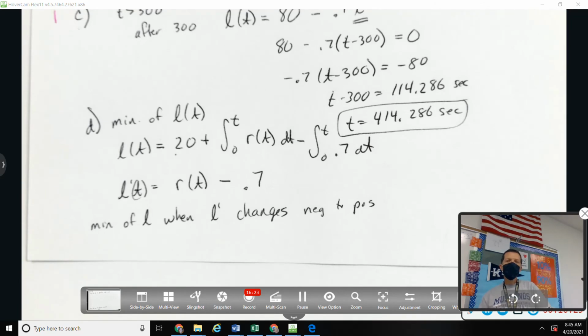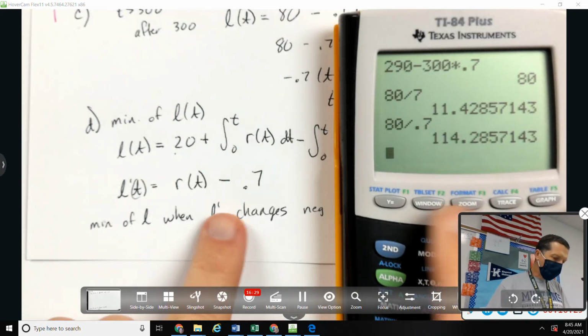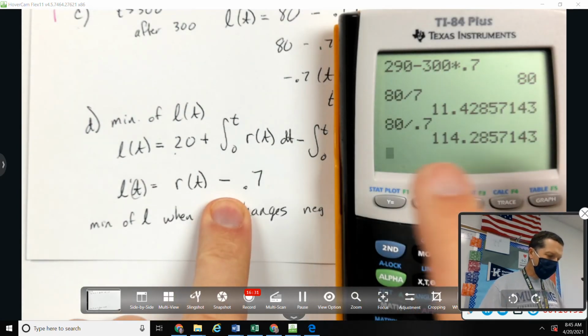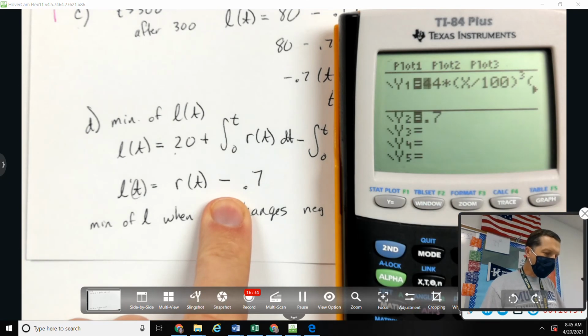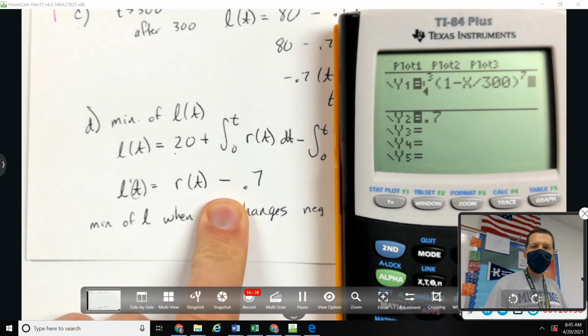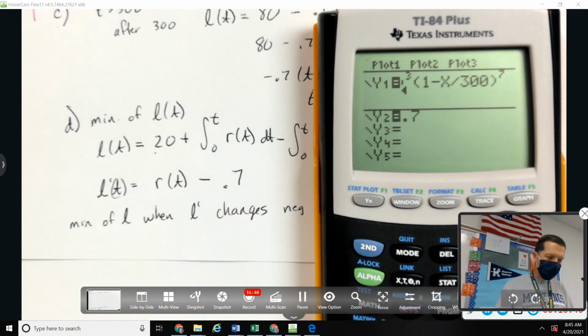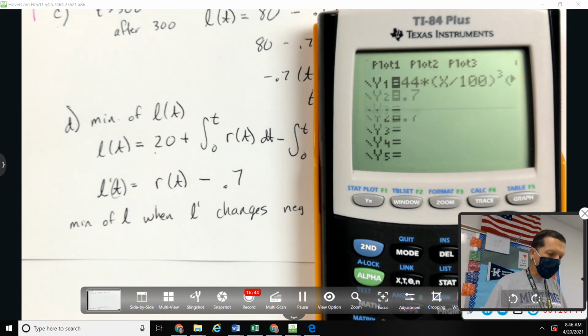So let's go to the calculator. And we want to graph R of t minus 0.7. Well, I've already got R of t in there, so why don't I just stick minus 0.7 on at the end? I could do y1 minus y2, but it's probably easier to just do it manually.